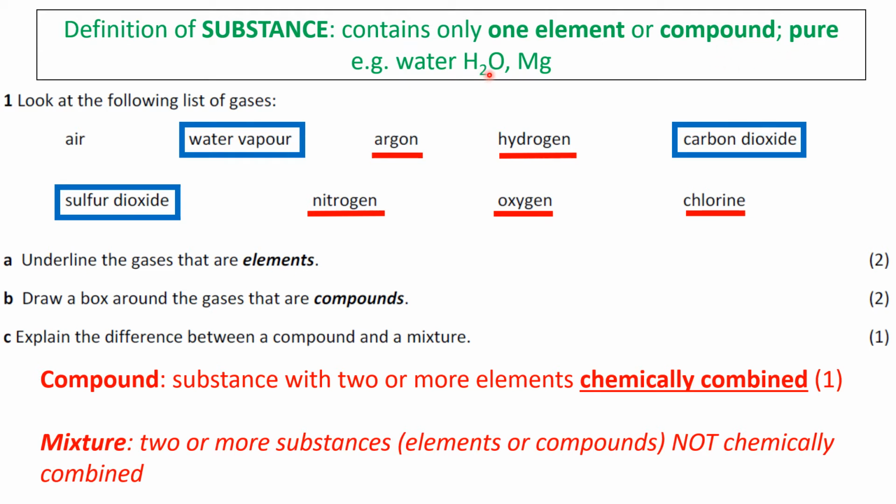So pure H2O is a substance, pure magnesium is a substance, but salt water isn't a substance because it has water and salt in it. So it has to be pure to be a substance. So a mixture is two or more substances, not chemically combined. So you can separate it quite easily using filtration or some other technique like evaporation, distillation or something.